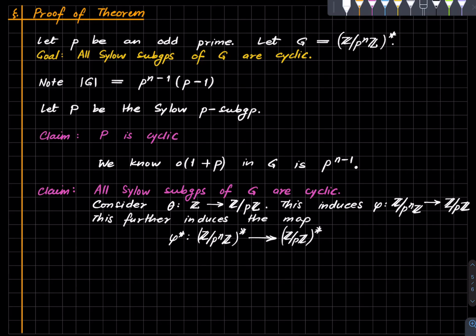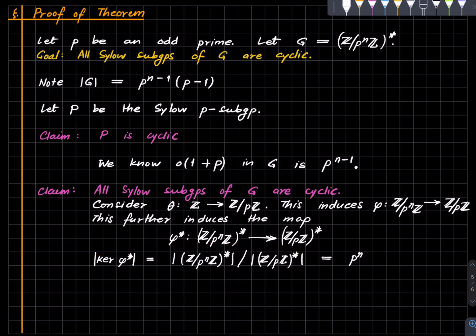And since this is surjective and a group homomorphism, what is the size of the kernel of phi star? It is the size of the domain divided by the size of the image. I'm just using the first isomorphism theorem here to make that claim.